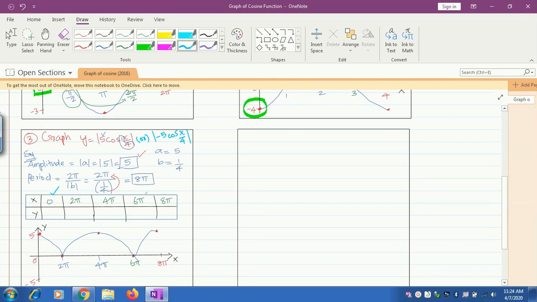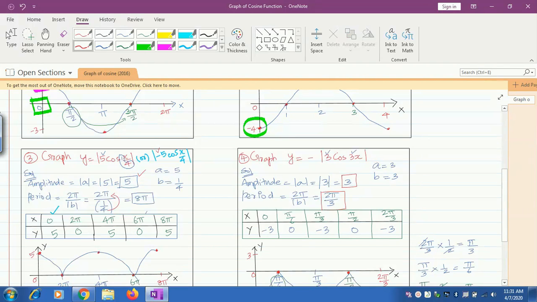Now if the minus is present outside, the negative sign is present outside the absolute value, what happens? y is equal to minus a cosine function. It is the same thing as what we have.